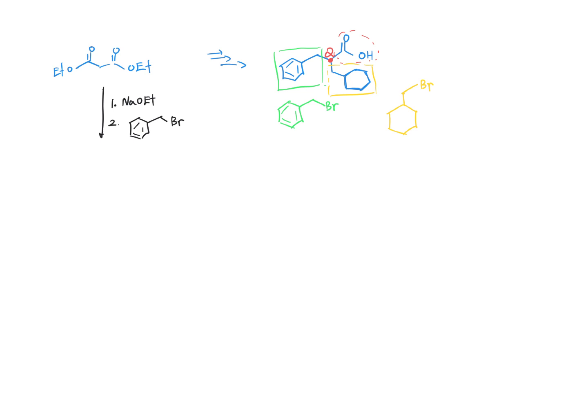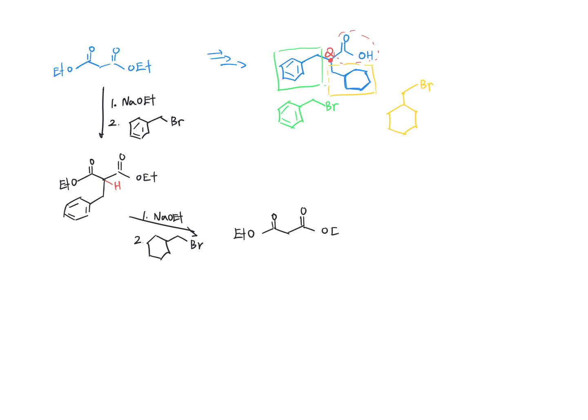Then we introduce, let me use a green piece first, our primary alkyl halide. At this time, what I have is the first alkyl group introduced onto this alpha position. And we'll do the second one, since we have another hydrogen right here that can be deprotonated to form another enolate. So we'll have this enolate and put in another of this primary alkyl halide, and that will give us the second substituent, the alkyl group that is introduced.